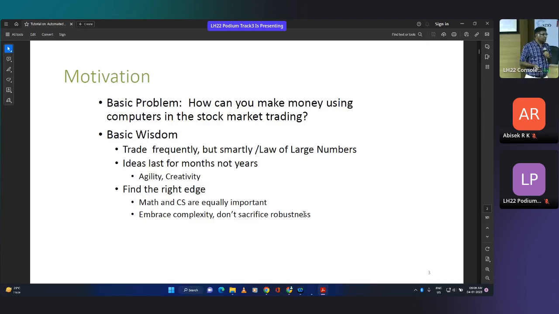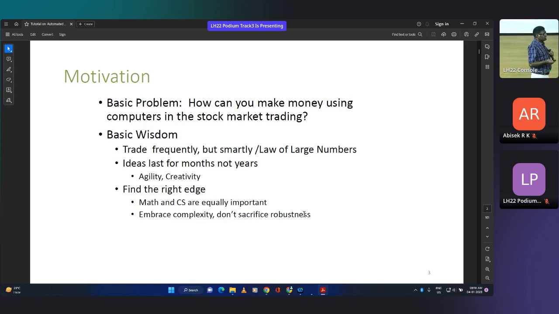We have 1 minute data, 2 minutes data, 5 minutes data, daily data, all types of different frequencies, and the data is very accurate. The missing data and the errors are very low. So when you have such accurate data, can you do something better than you do in other domains? That is the first thing.